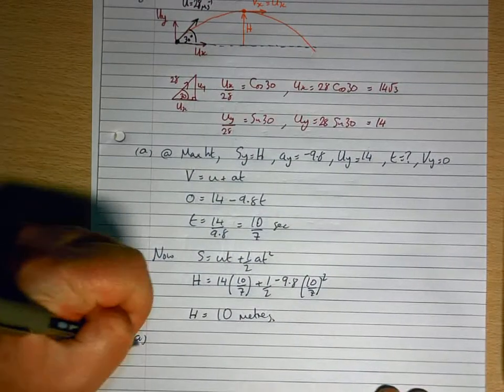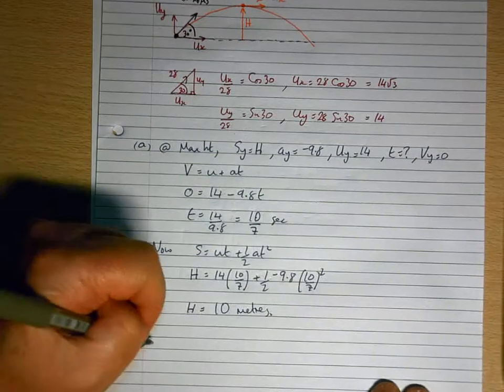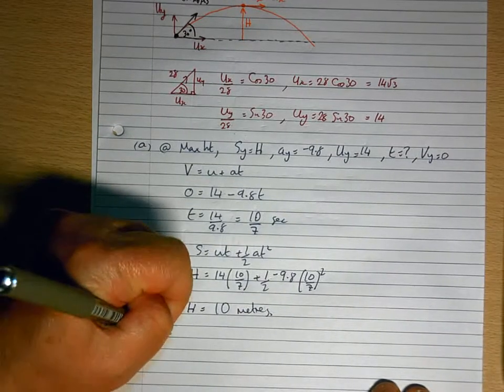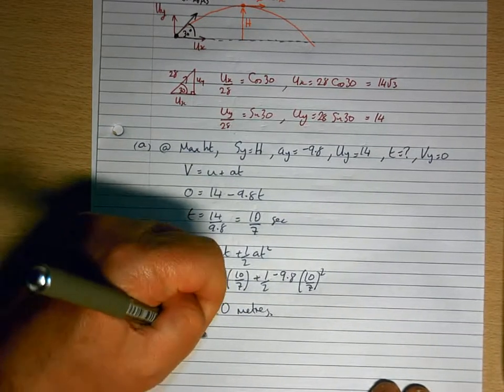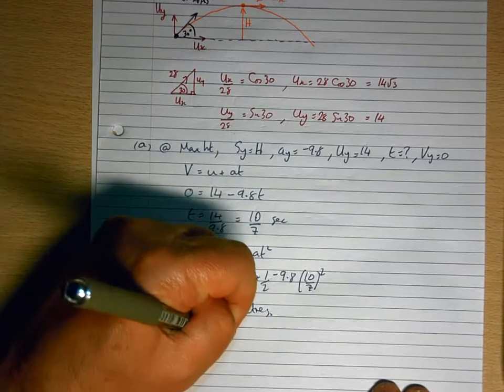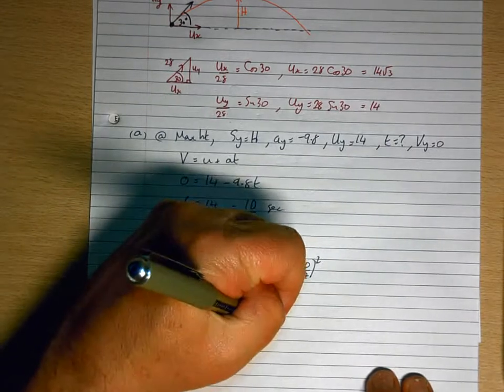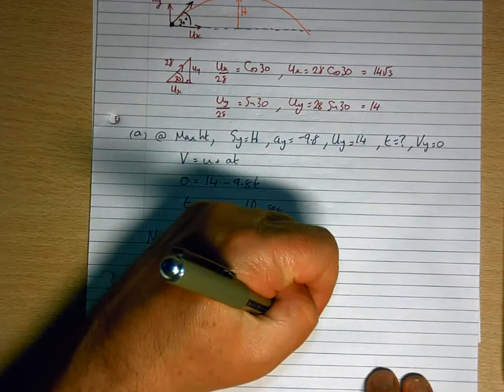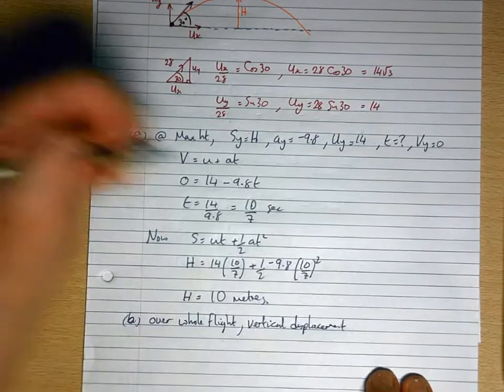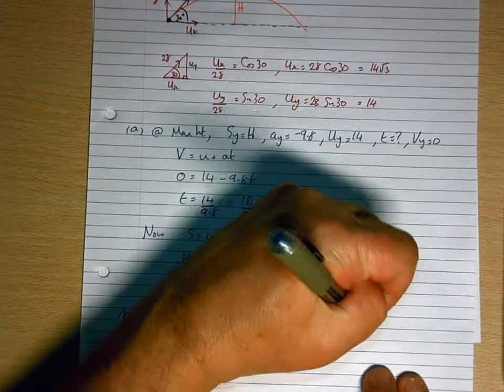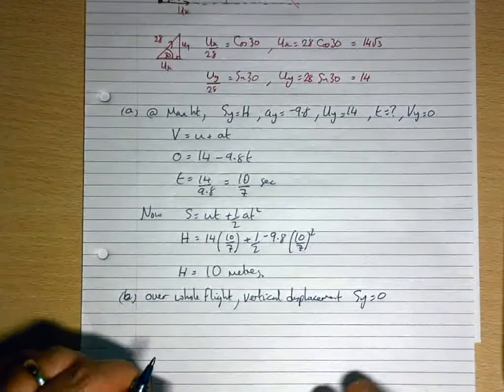So part B, over the whole flight, vertical displacement Sy equals 0.